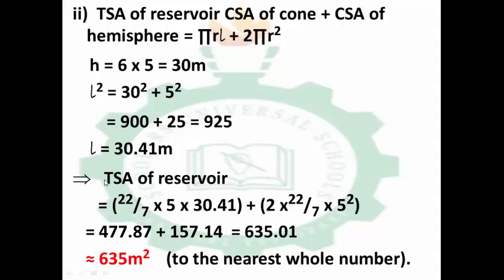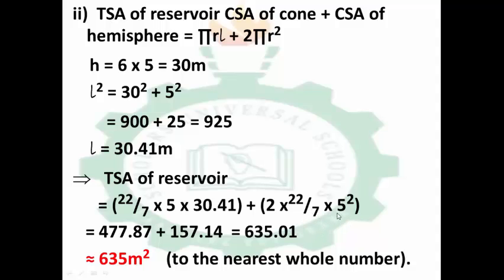Now this is going to give you 477.87, and this will give you 157.14. Adding this together, you are going to have 635.01. So approximately to the nearest whole number, we are going to have 635 meter square.